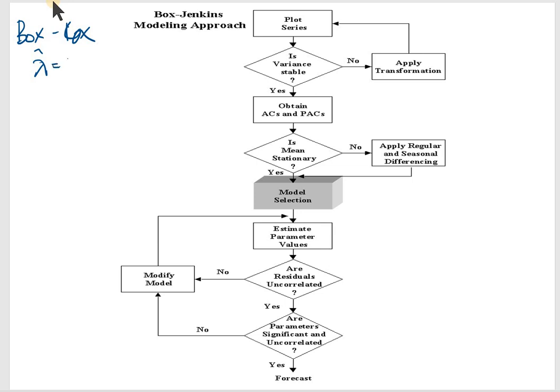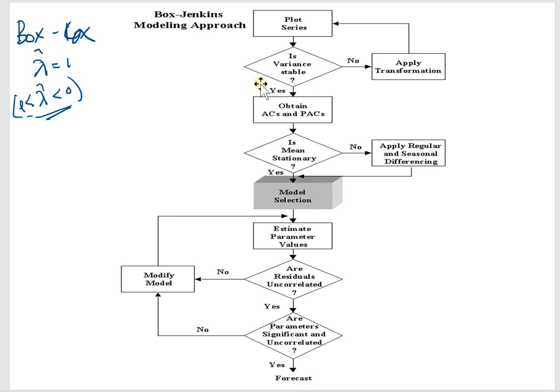If lambda is equal to 1, we don't need to transform the data. Also, if the interval between the lower and upper bound of the estimated lambda includes the value of 1, we do not need to transform the data.